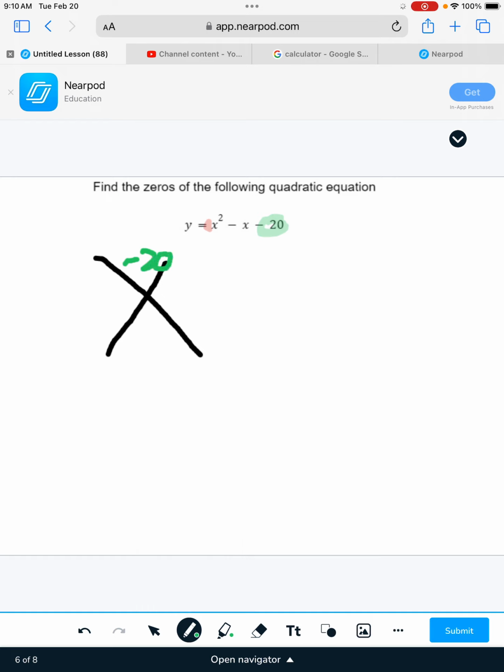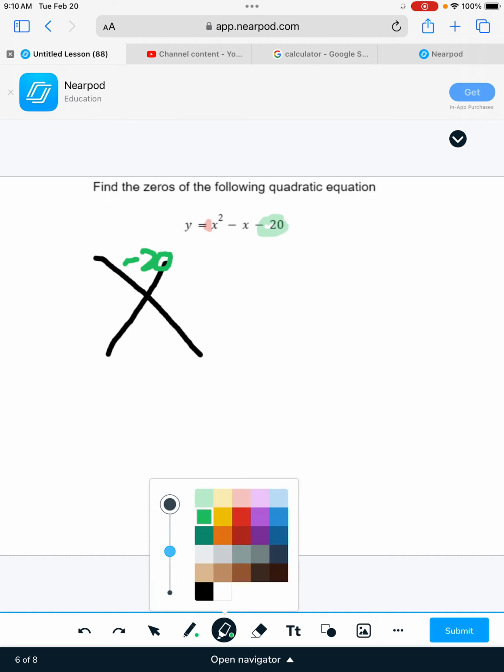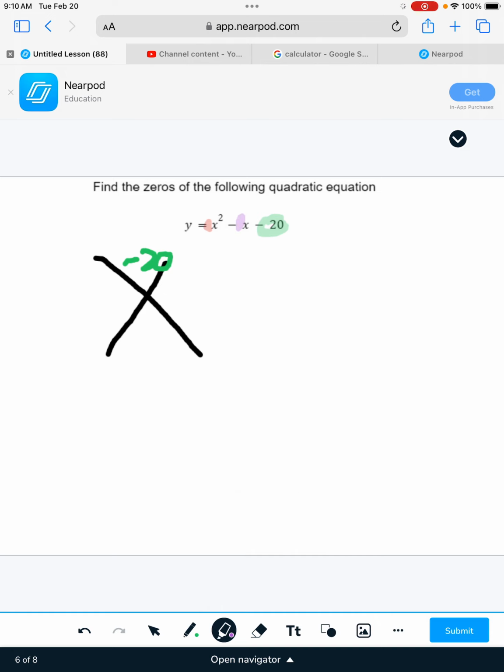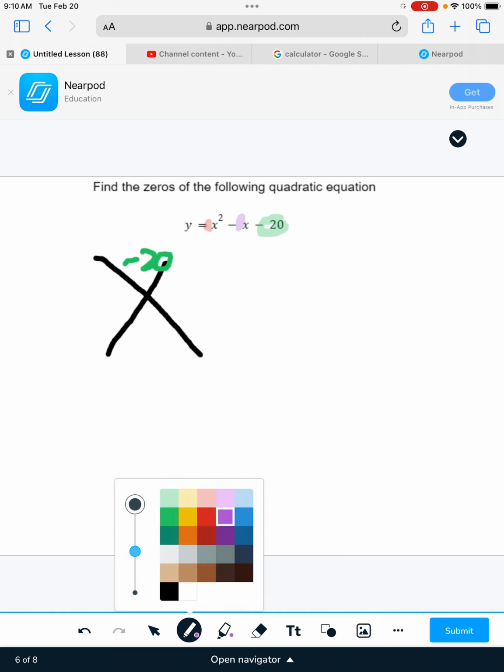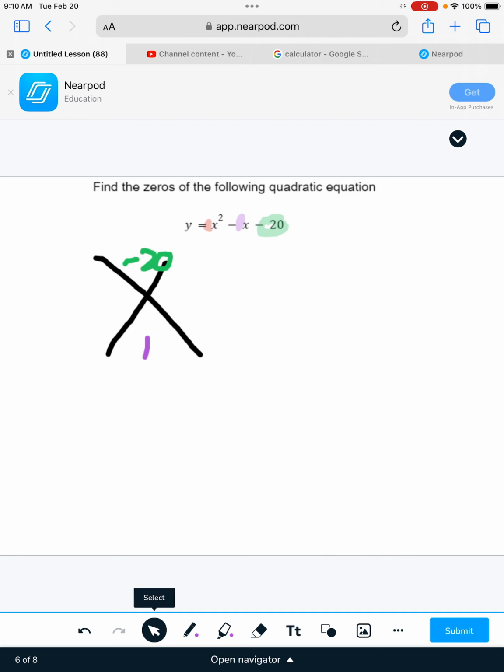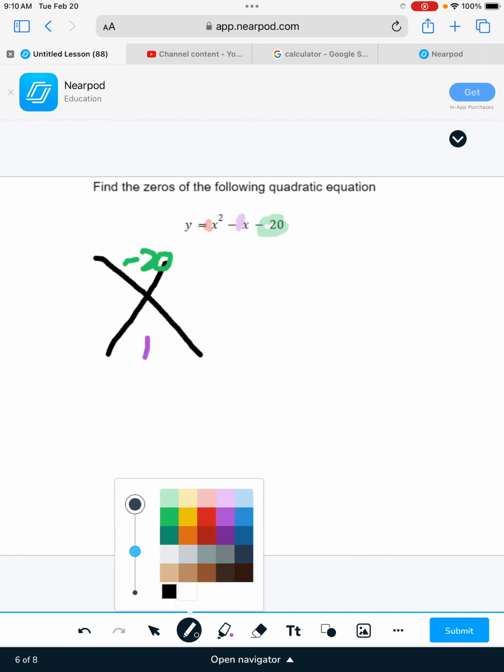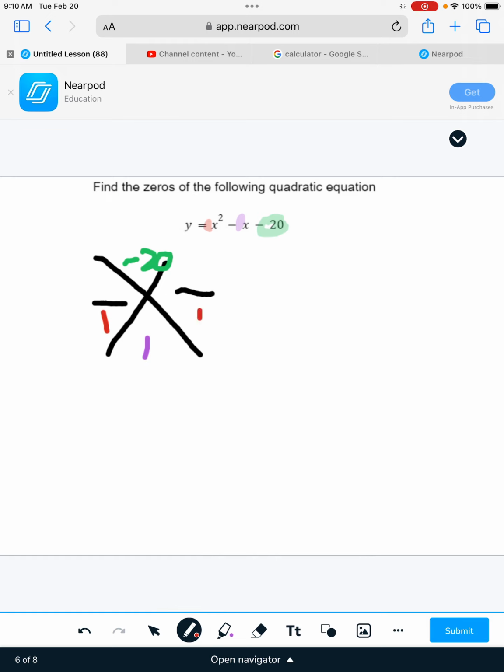If you have a negative like that, you know that one of your numbers is going to be positive and one of your numbers is going to be negative. So that means we're going to have some kind of subtraction going on in the middle. We're going to end up finding two numbers that subtract to make negative 1, because there is a 1 in front of that X right there. All right, so we're going to take that 1 and put it on the bottom. Once again, on each of these fractions, they're going to go over our A. So it's going to go over 1 because on this, my A is 1.